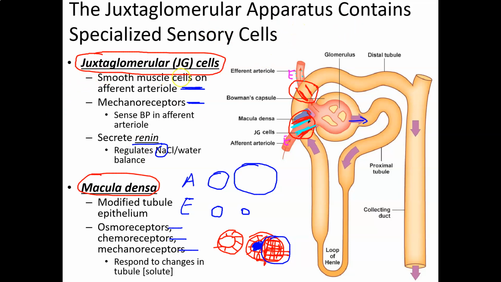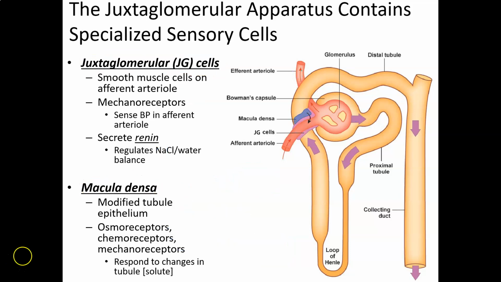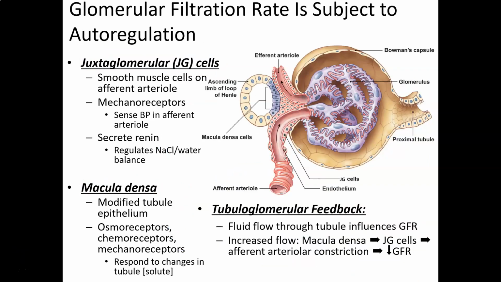The other part are the juxtaglomerular cells. So let's move and look at it in a little different detail. This doesn't say anything different than it did before, but what this shows is the tubule, which is in direct contact with the afferent and efferent arteriole.